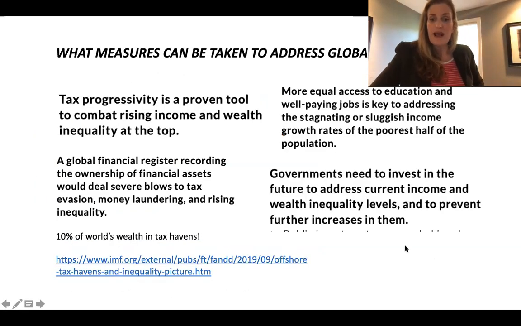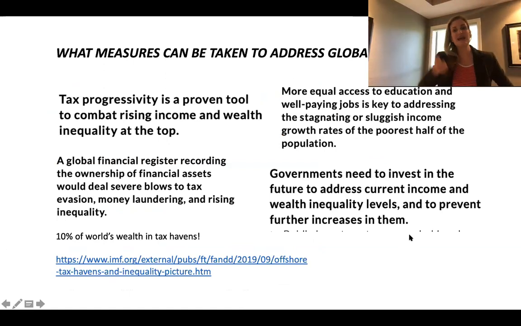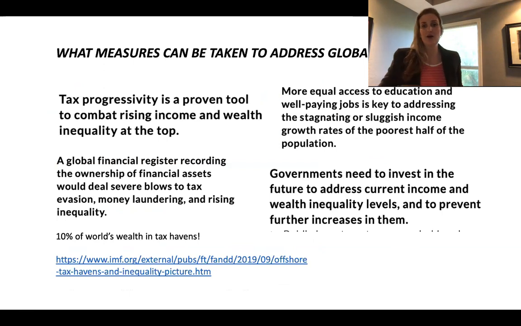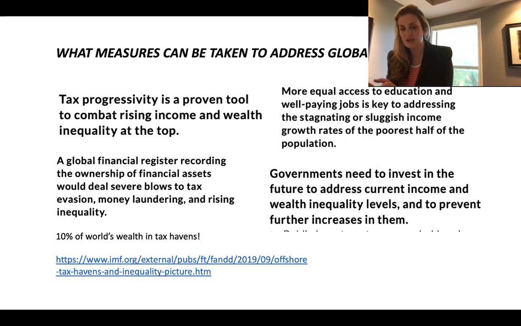So the report ends by suggesting some measures that can be taken to address global inequality. Well, tax progressivity is a proven tool to combat rising income and wealth inequality at the top. What does this mean? What is a progressive taxation structure versus a flat taxation structure?